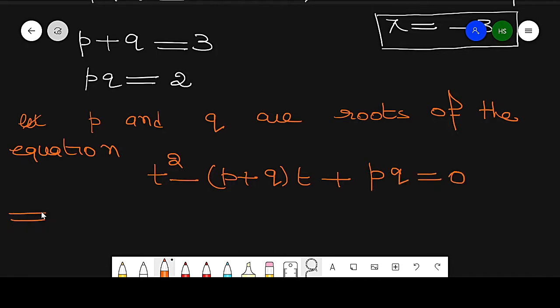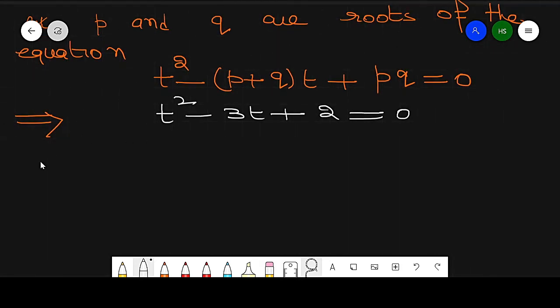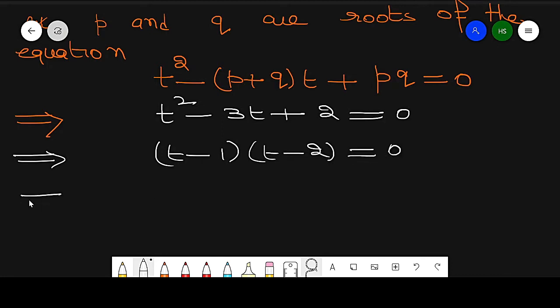Substituting the values, t square minus 3t plus 2 equal to 0. Now find the value of t: t minus 1, t minus 2 equal to 0.